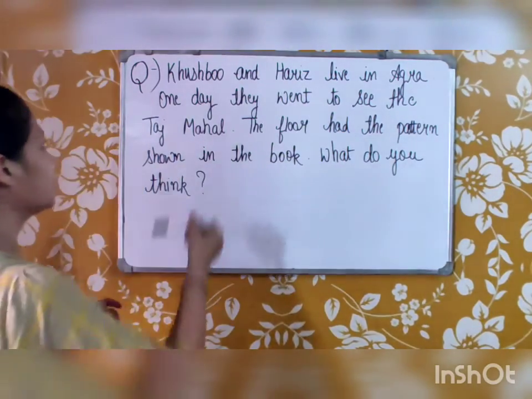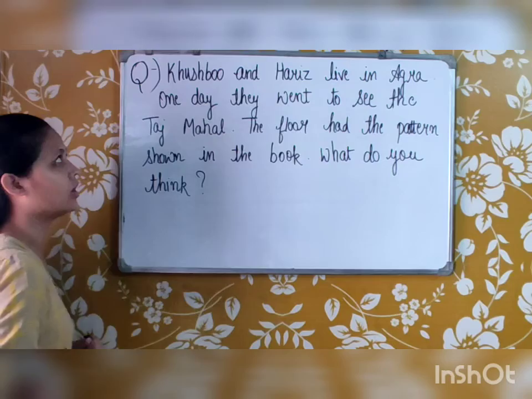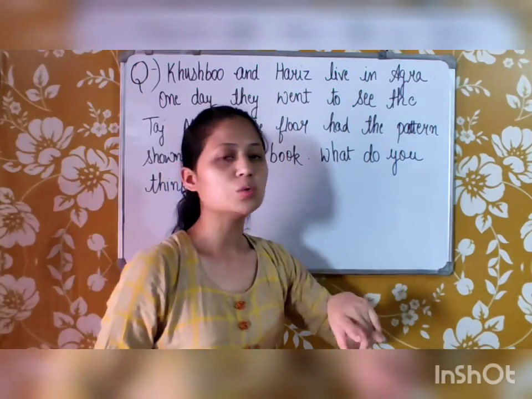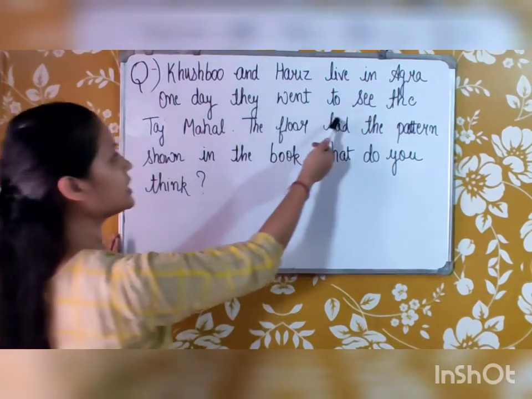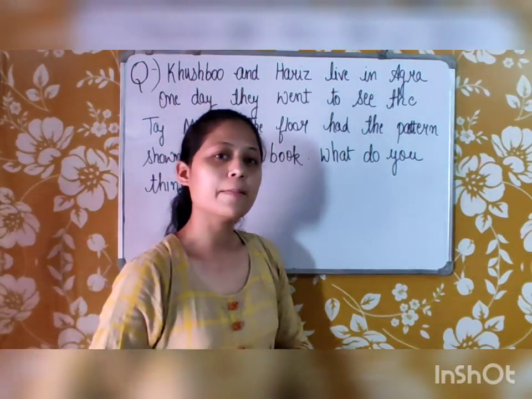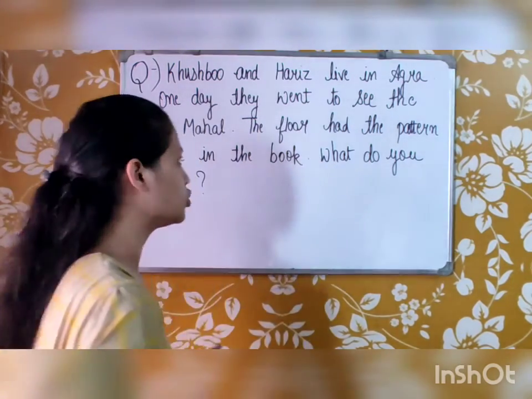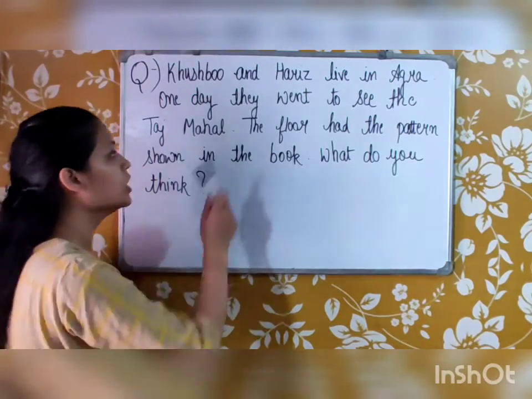The question is, Khushbu and Haris live in Agra. Khushbu and Haris are two children who live in Agra. One day both of them went to see the Taj Mahal. The floor had the pattern shown in the book.